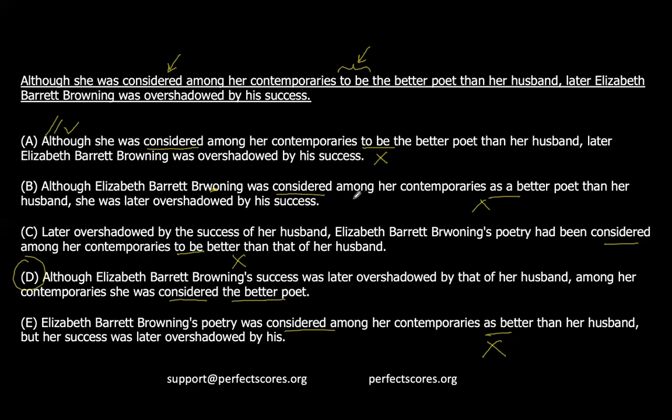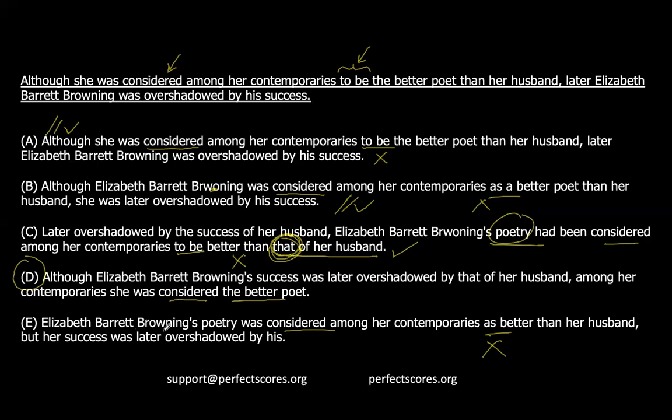Yeah, I think that would also be correct in terms of parallelism. C, "later overshadowed by the success of her husband." "Her poetry had been considered better than that of her husband", so this is fine because you're comparing poetry to poetry.